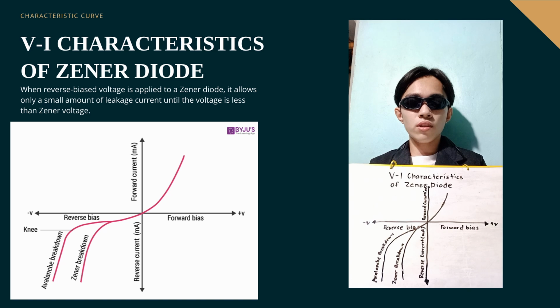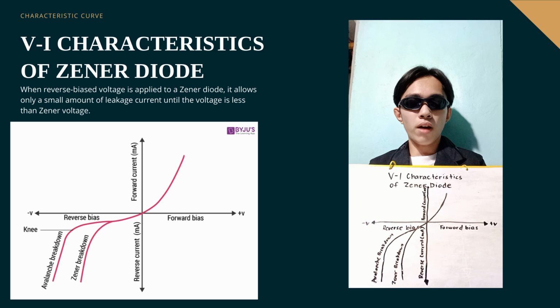So, sa first quadrant in the graph, ito ay nag-represent the forward characteristics of Zener diode. So, sa graph ay malalaman natin that it is almost identical to the forward characteristics of any other PN junction diode.